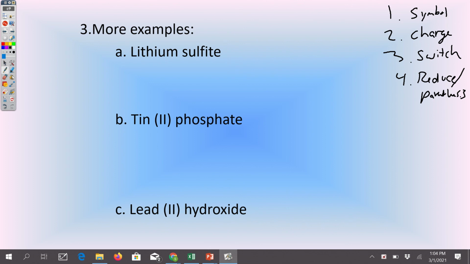All right, so lithium is Li, sulfite is SO3. Lithium has a +1 charge, sulfite has a -2 charge. So step 3, switch them. The 2 and the 1 swap.